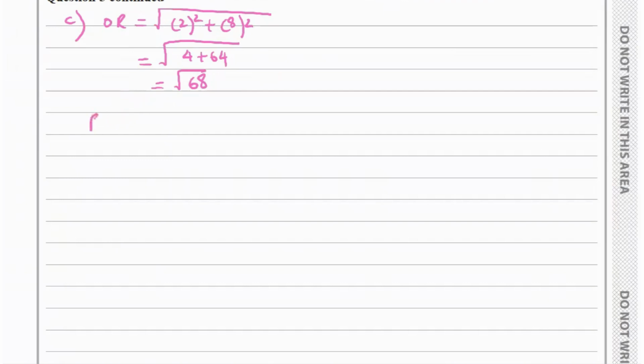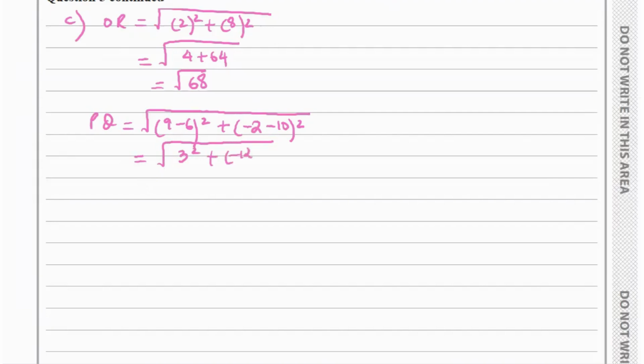Then PQ is going to be root of (9 minus 6) squared plus (negative 2 minus 10) whole squared. That's 3 squared plus negative 12 whole squared, which is 9 plus 144, and that's root of 153. Prime factorize that, and that gives us 3 root 17.